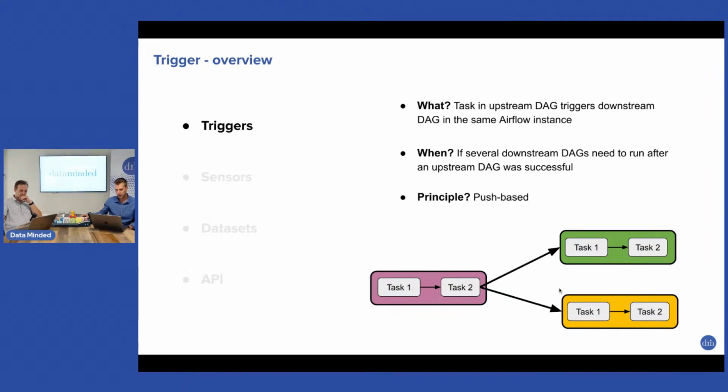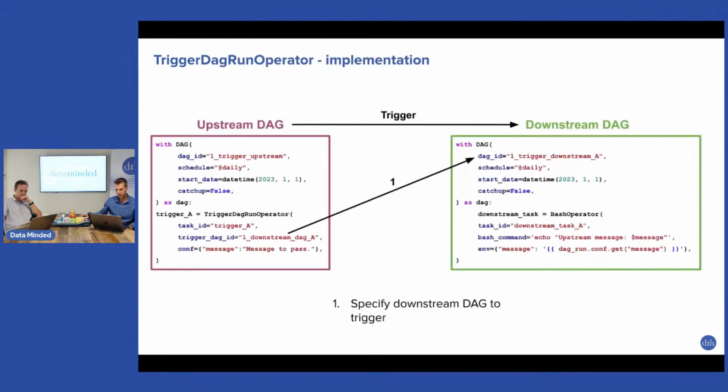And it's a push-based principle that works as follows. So here you can see a piece of code from the upstream DAG, the downstream DAG, and it's very simple. So you have the trigger DAG run operator, and there you define the downstream DAG that you want to trigger. So when this upstream DAG activates, and if it contains this trigger DAG operator, then it will trigger the downstream DAG.